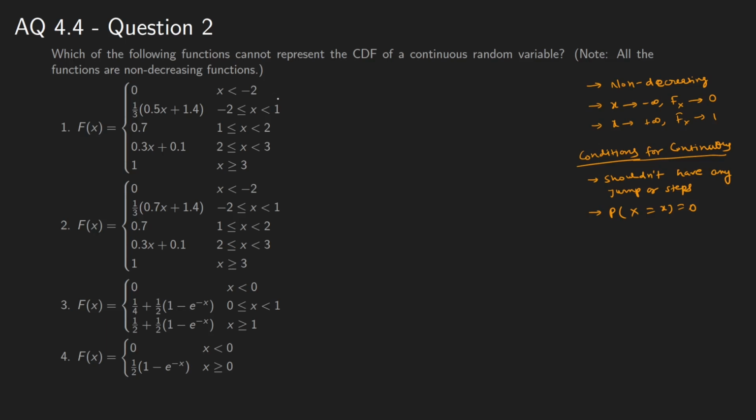It means that whenever the definition of the function changes from one piece to another, there might be a difference in the values taken by the function, and that might cause the function to have jumps or steps. So let's try to graph this situation. Suppose this is -2 here, and here it's 1, it's 2, and it's 3. Before -2, it's equal to 0.